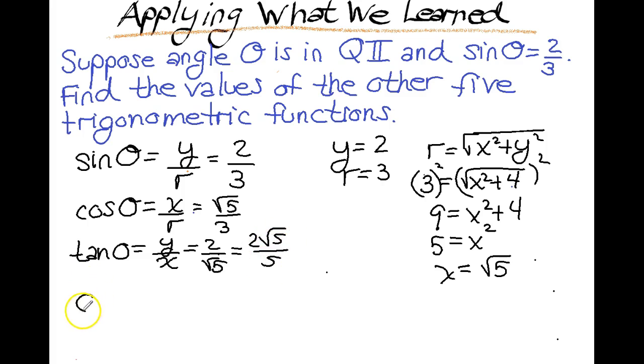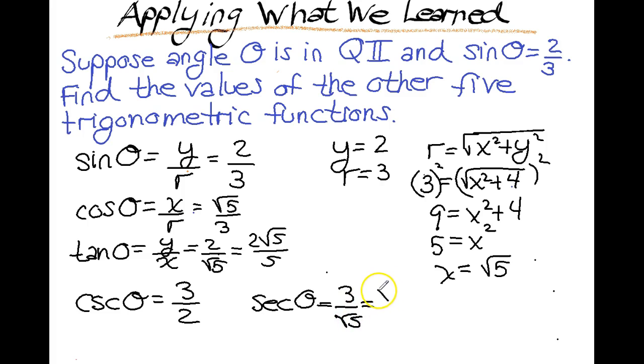Let's see, the cosecant of theta, which is just the reciprocal of sine, is 3 over 2. The secant of theta is the reciprocal of our cosine function, that's 3 over radical 5. And we're going to rationalize that to 3 radical 5 over 5.